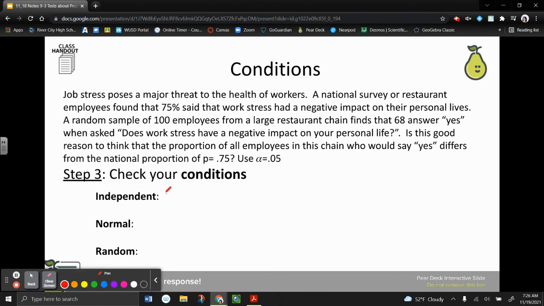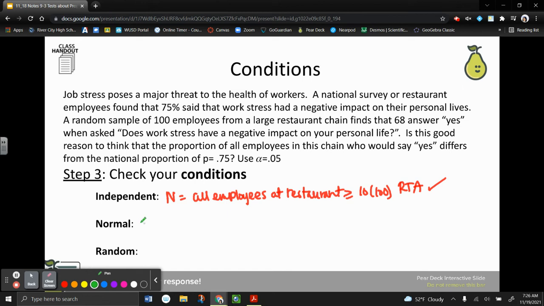In terms of the conditions, big N in this case is going to be all employees at the restaurant. It's greater than or equal to 10 times 100. 10 times 100 is 1,000. It is reasonable to assume that there's more than 1,000 employees at this restaurant, considering it's a large restaurant chain. So I'm going to say reasonable to assume. So that's good.